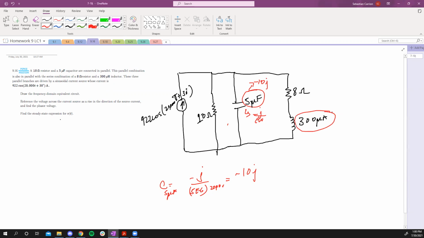For our inductor, we plug in 300 microhenry.